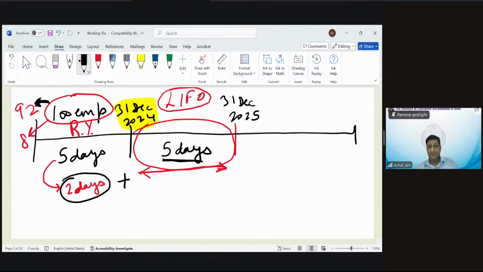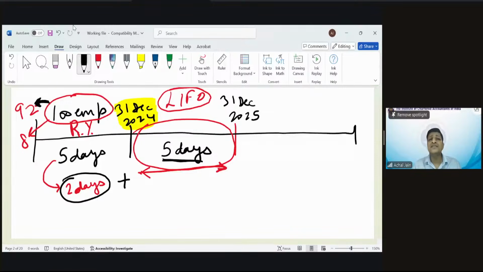5. So how many leaves will those employees have in the next year? 2, they will carry forward. 5, they will get in the next year. So total leaves they will have is 7 days. How many leaves will they avail next year?